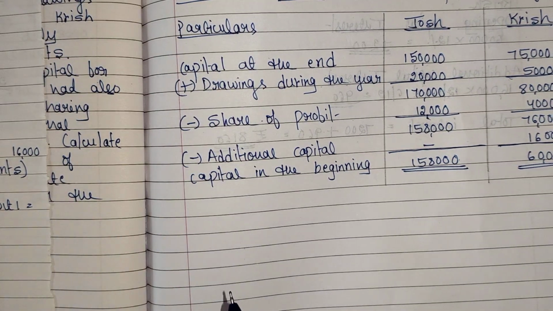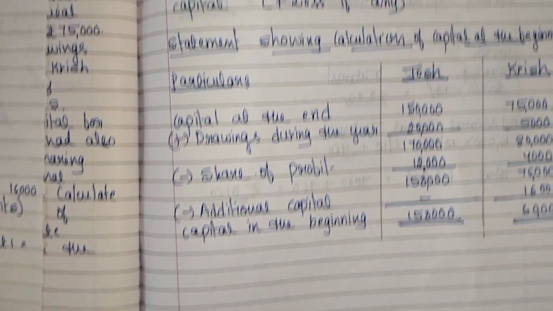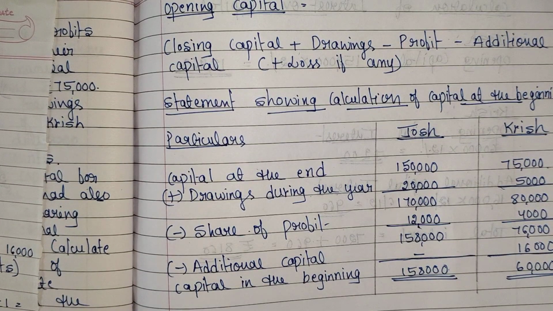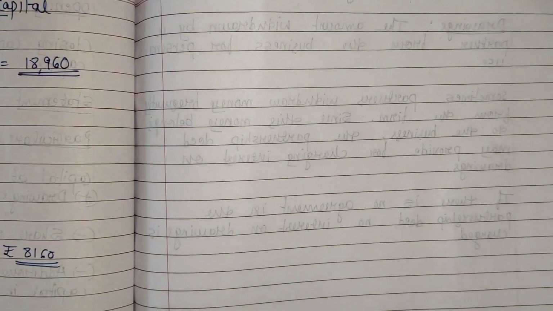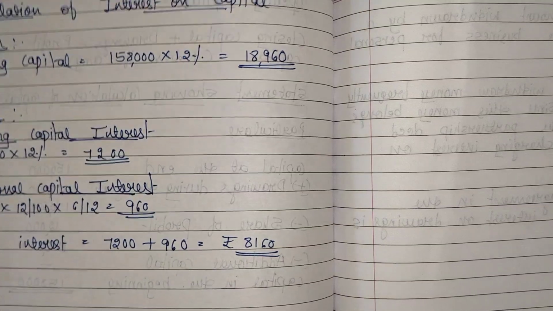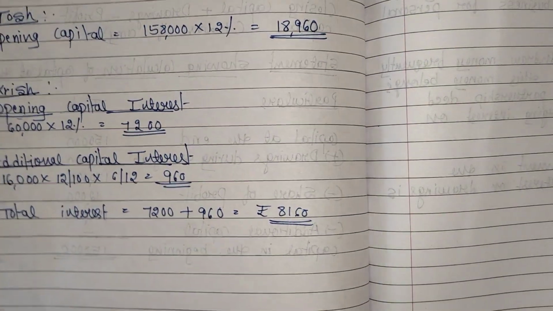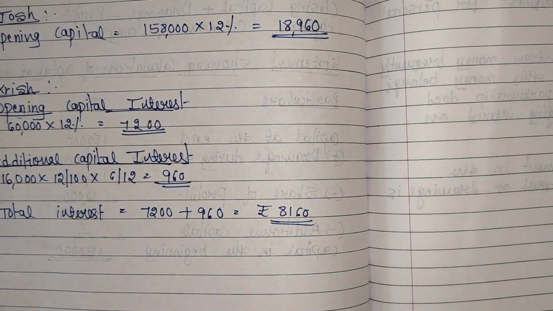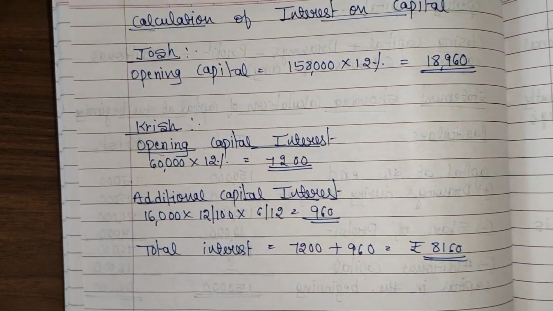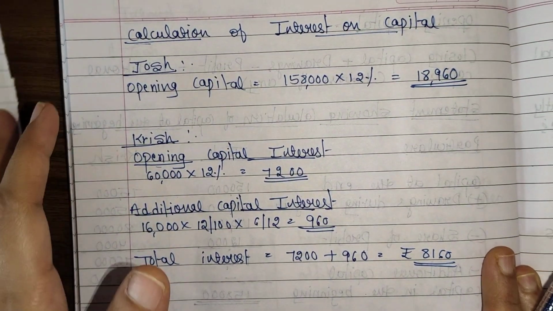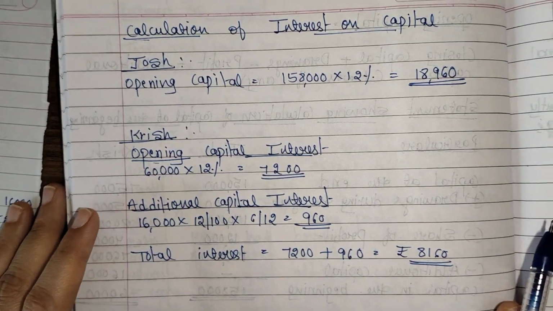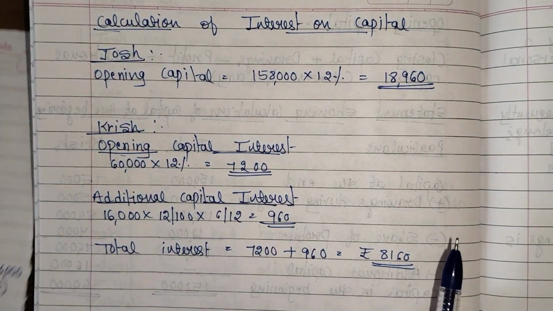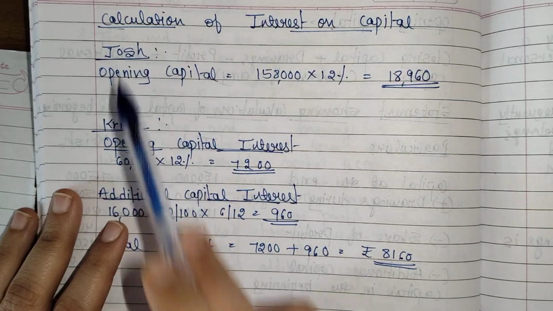Now we have calculated the capital at the beginning. Right? Now we need to calculate the interest on capital. First we need to calculate the interest on opening capital. Now it's easy to calculate, right? So opening capital, Josh first.